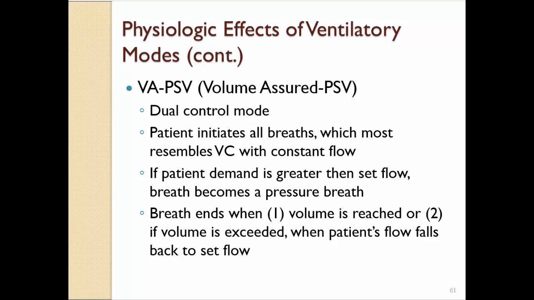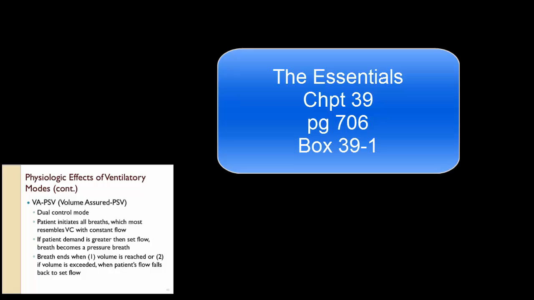The other Kacmarek book, The Essentials of Respiratory Therapy, has a chapter on ventilatory modes. I would suggest that you look in that. He does a very good job of breaking these down, these different modes, and he also identifies which of these adaptive modes, adaptive meaning that the machine makes adjustments depending on what's going on with the breath in the patient.